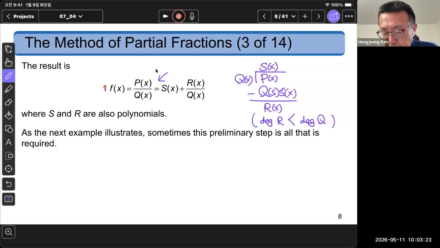In that case, my p can be written as q times s plus r.